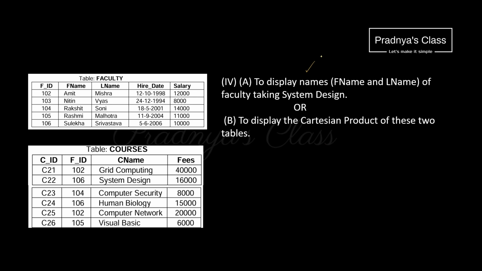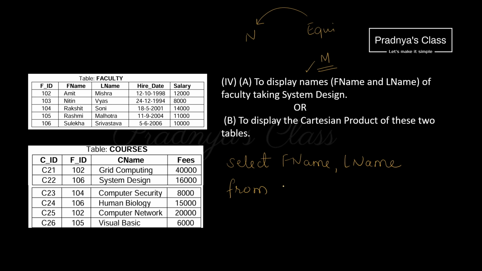Again, we need the matching records. For that you can use any type of join. You can use natural join or you can use equi-join. I am going ahead with natural join. So let's write the query. We need to display LNAME as well as FNAME. So select FNAME, comma LNAME. First we will mention the name of the first table, that is from faculty.